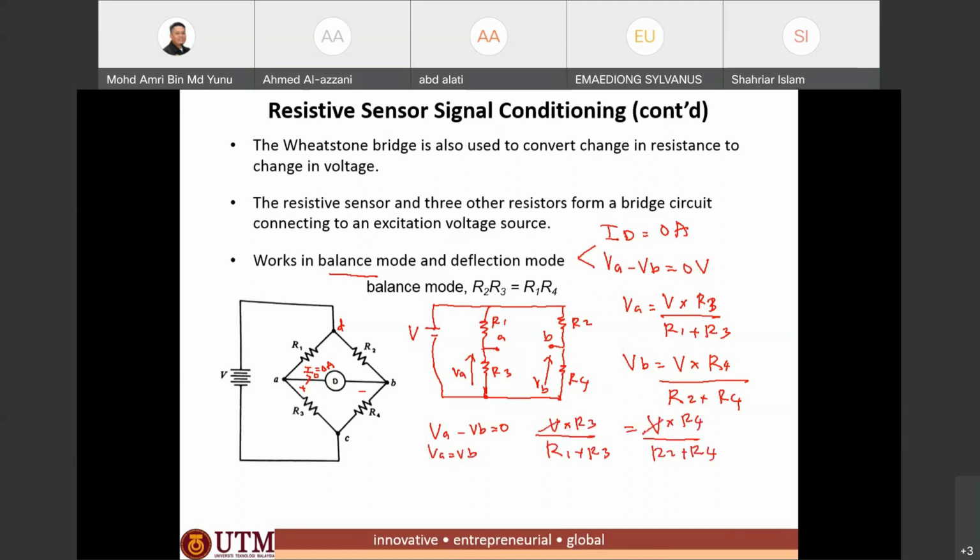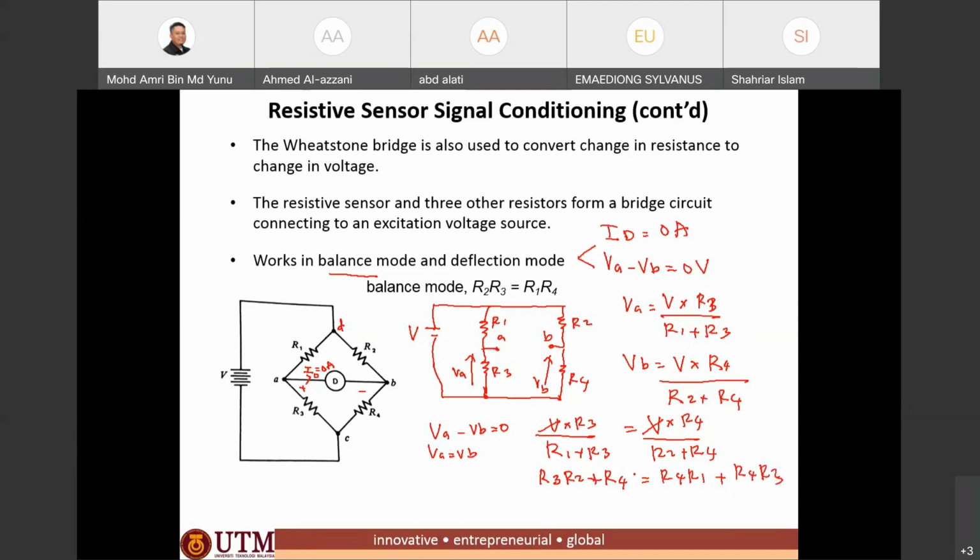So if we work out, equivalent to R4 R1 plus R4 R3.